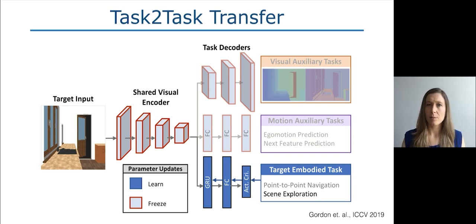This is very similar to what people would normally do in standard fine-tuning, where you freeze a portion of the network and only train a few new layers. The difference here, of course, is that the model was trained initially with all of the auxiliary tasks. And so the shared visual encoder is more generalizable than a model that had been trained on point nav alone.